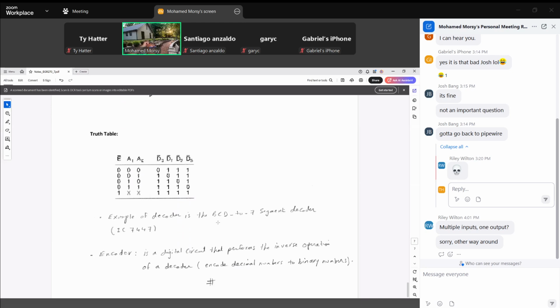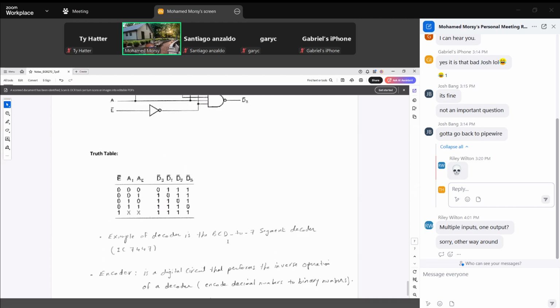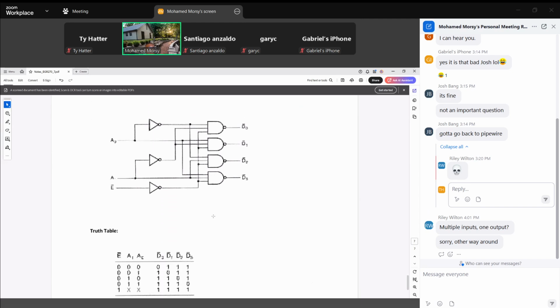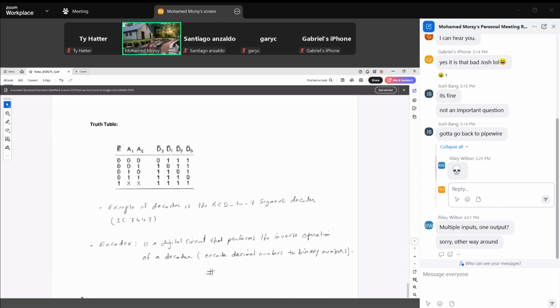A very important application of the decoder is the BCD to 7 segment decoder, and the IC number is 7447. This decoder we use to convert from binary numbers.